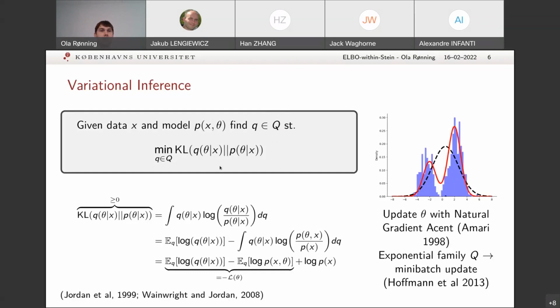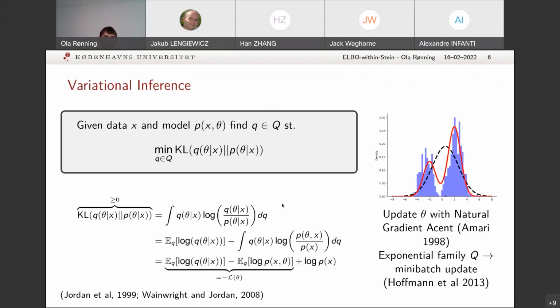And we're trying to find a particular instance of this class of distributions that minimizes the KL divergence, this notion of distance between our variational distribution and the true posterior p theta.